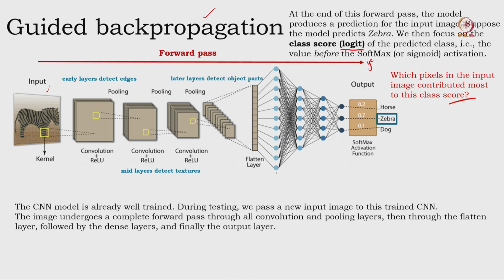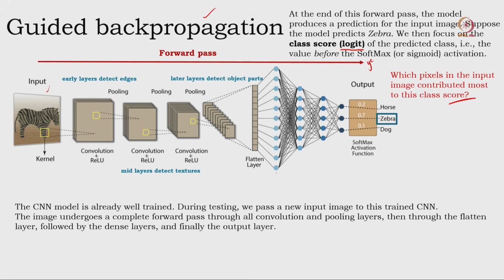One important point you need to remember here is that when the CNN model computes the gradients, the gradients are not computed to update the weights, the bias or the kernels. No. Already the model is well trained. To that trained model, we have passed the input image during testing or inference time.